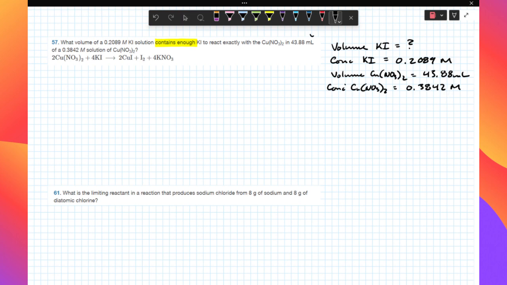We're going to start with our concentration of copper nitrate and see how this works out. So we're given 0.3842 moles per liter of copper nitrate.